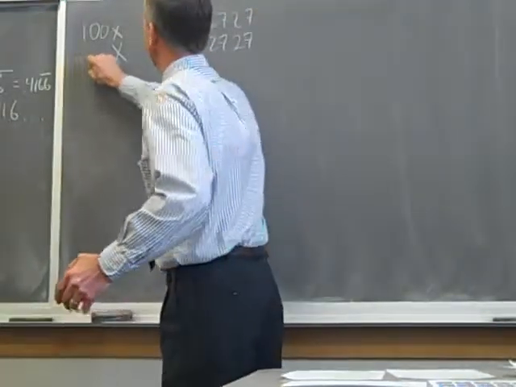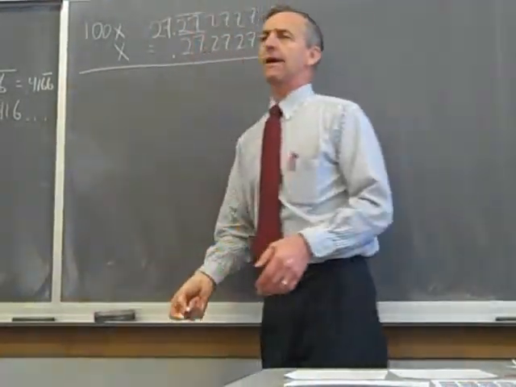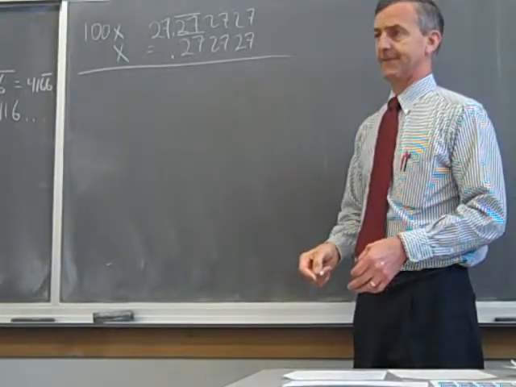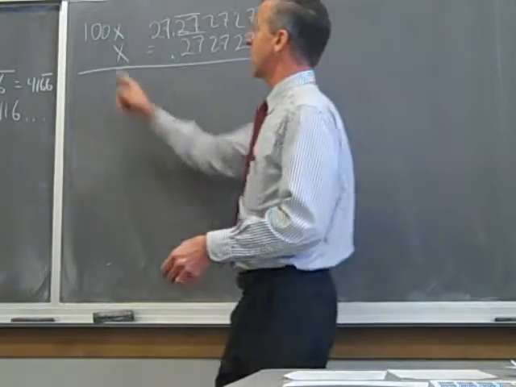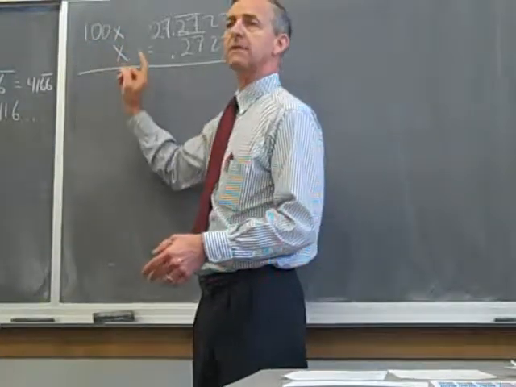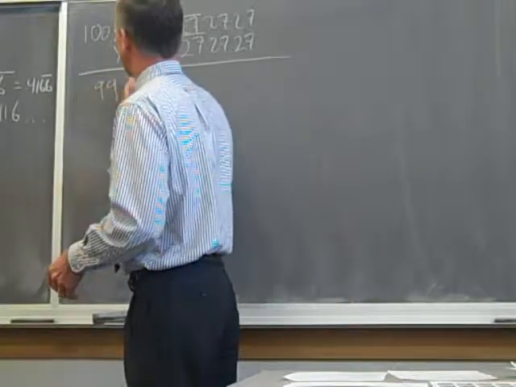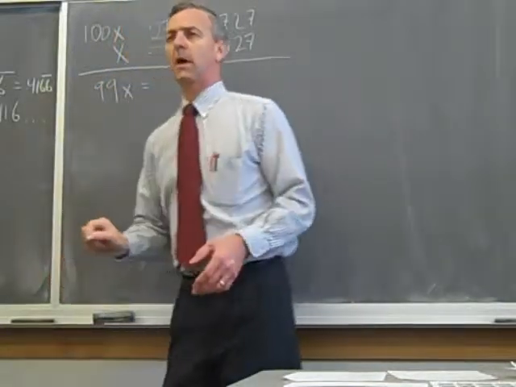Now, we're going to subtract the two equations. 100x, take away x, is 99x. Why are we going to do this? Watch, and here's why.